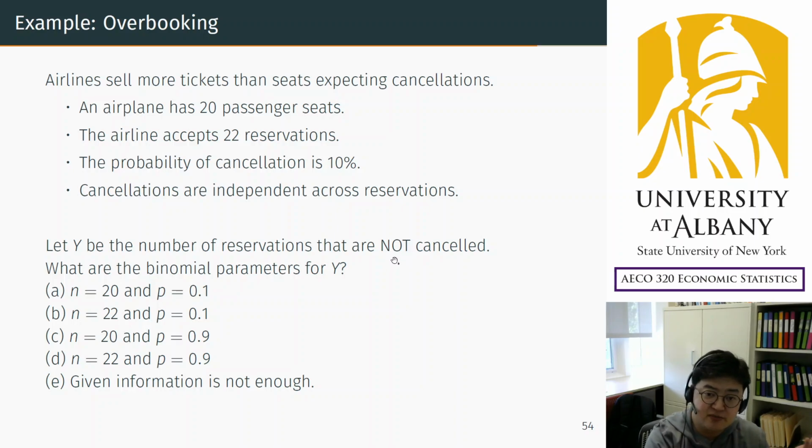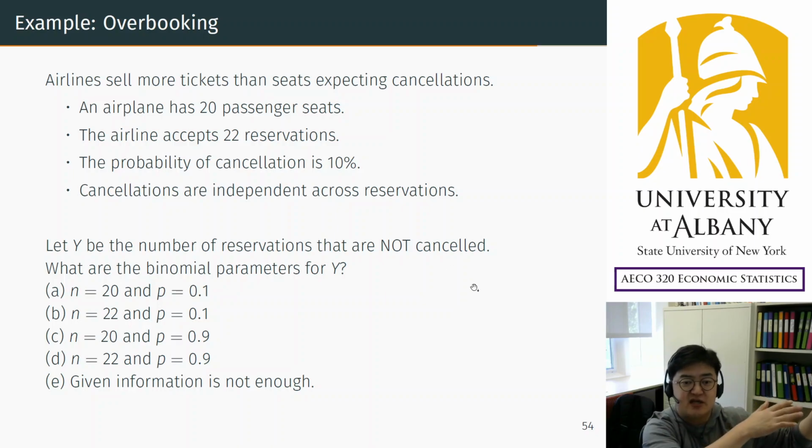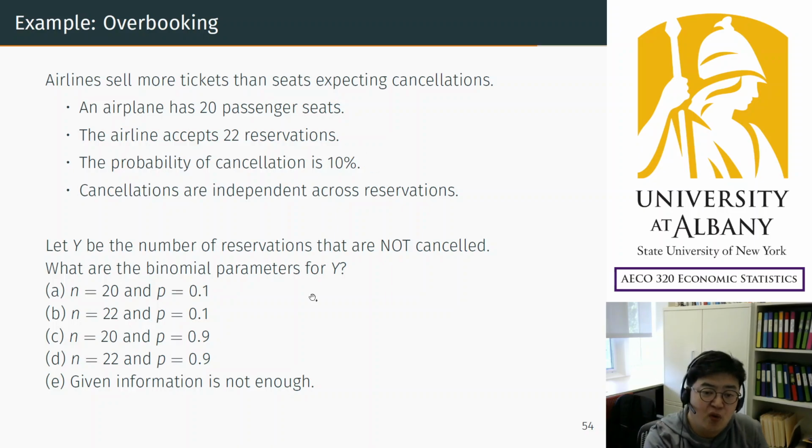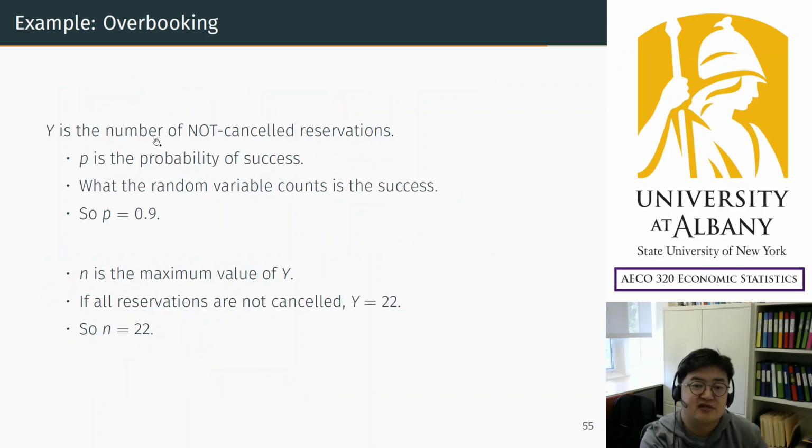In our previous examples, we counted cancellations as success, but now we count non-cancellations as success. So the probability of success is not 10% but 90%, because it depends on what we define as a success. That's the difference. So remember what we count, and it is 90%.